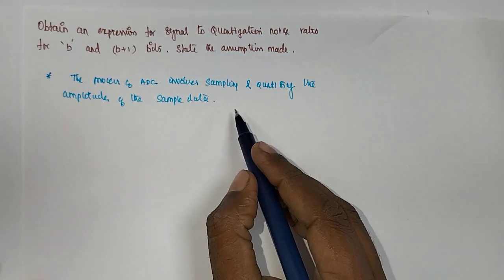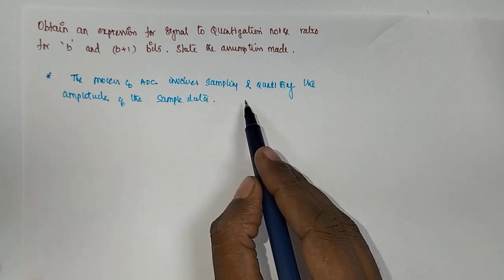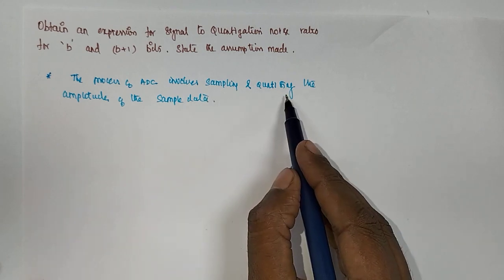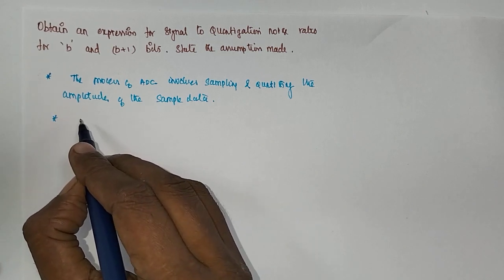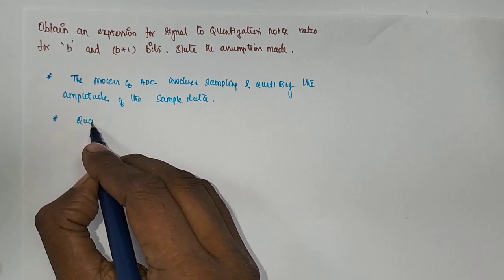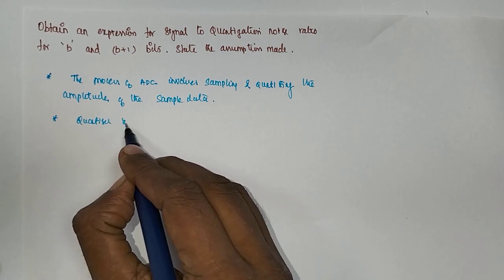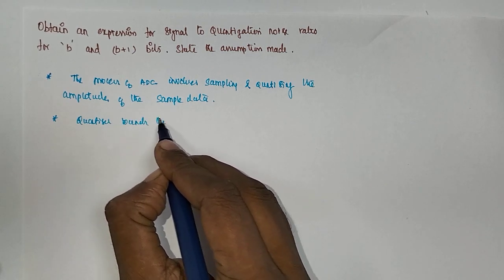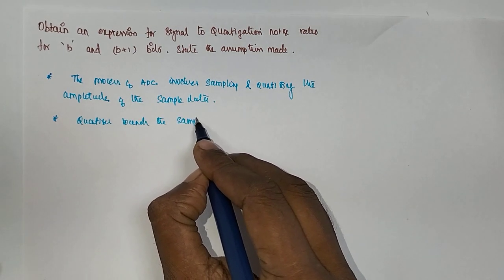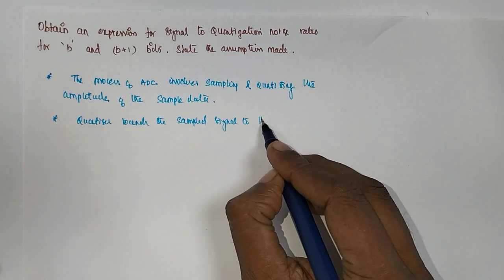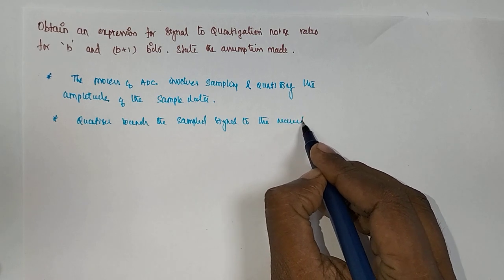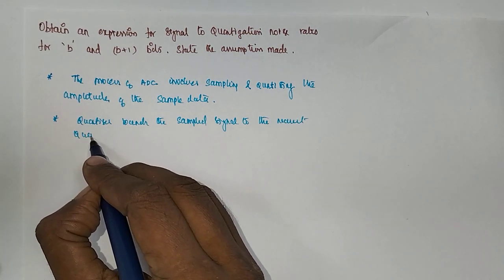So in analog to digital conversion the two major processes are sampling and quantization. While quantizing, the quantizer rounds the sampled signal to the nearest quantized level.